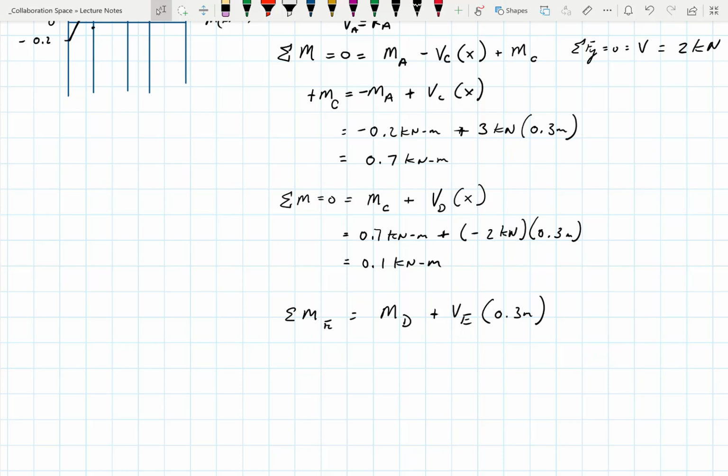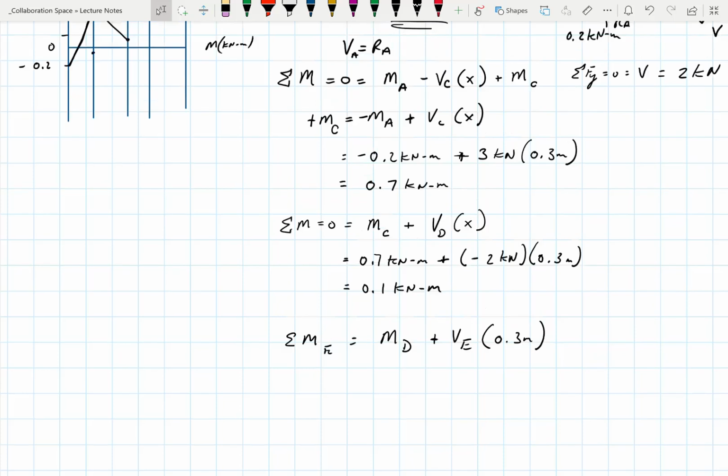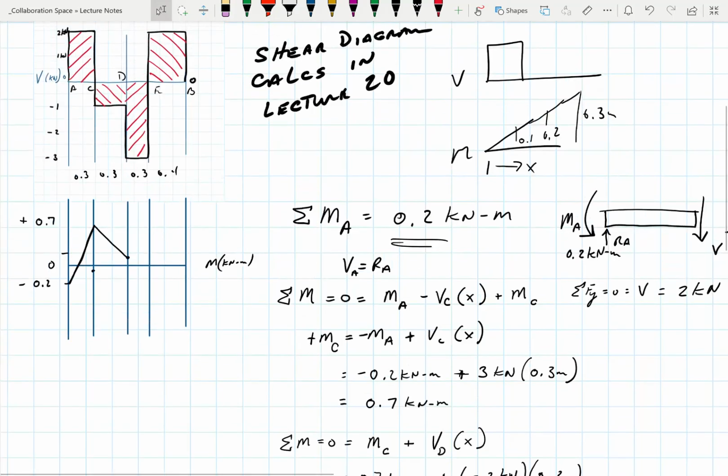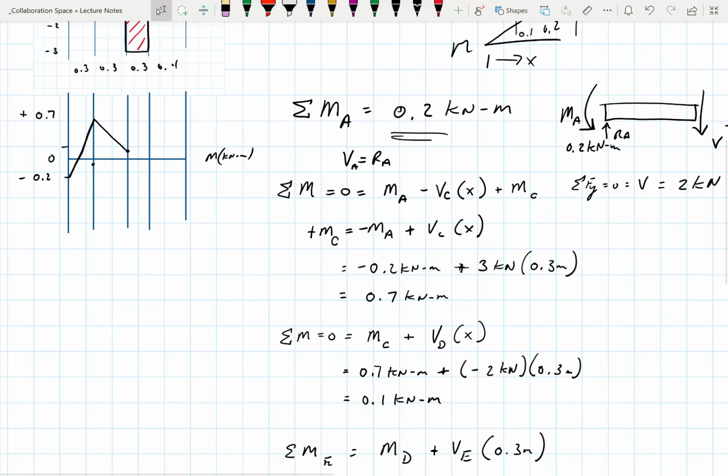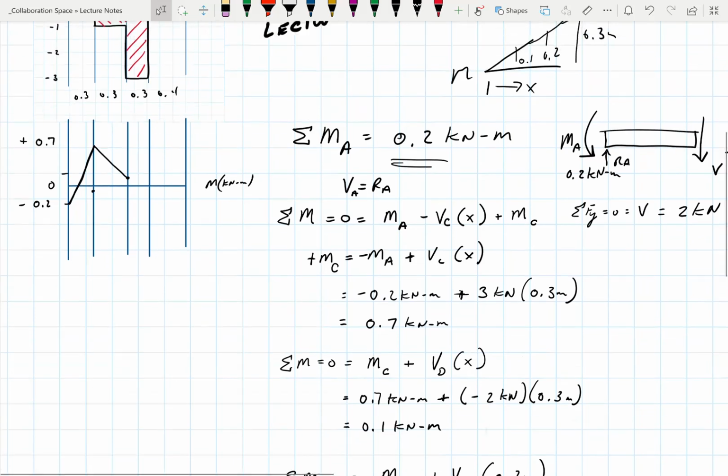Two times 0.3, 0.1. PT was 0.7. This was 0.2, negative 2.